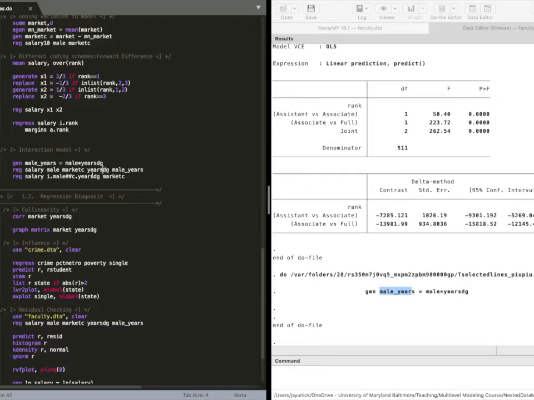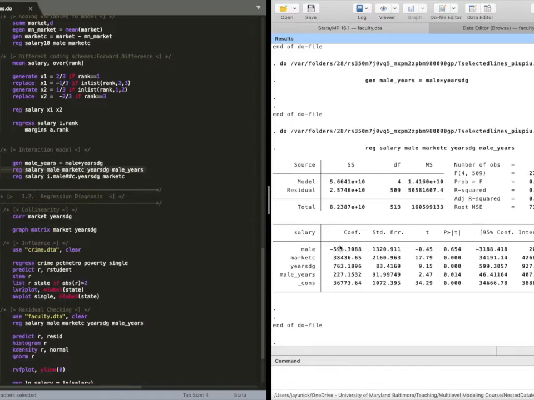So the average male, this coefficient is going to represent the male at the average market condition at 0 years of experience. But then this variable, years of experience, is going to tell us how much it increases, and this variable is going to tell us how much it increases above the female increase. So let's look at the interaction.